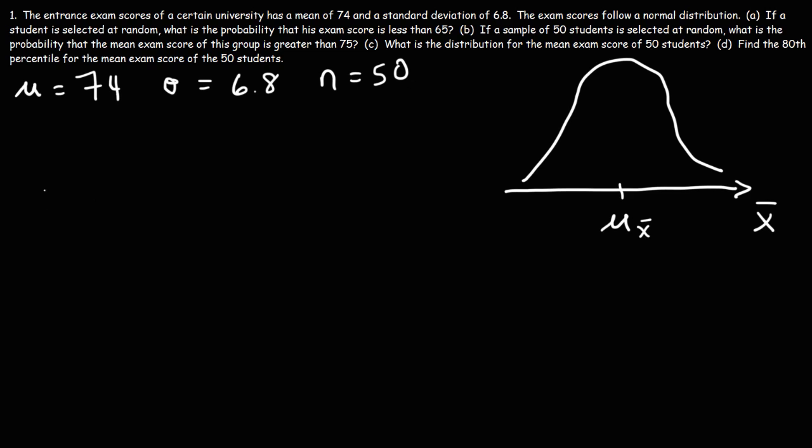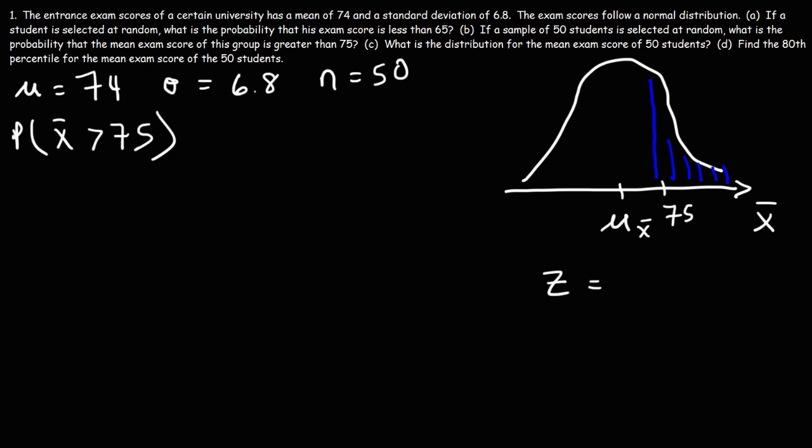Well, first, we need to calculate the probability that the mean is greater than 75. So 75 is somewhere to the right of 74. And we're trying to calculate the area of the shaded region. So once again, we need to calculate z.